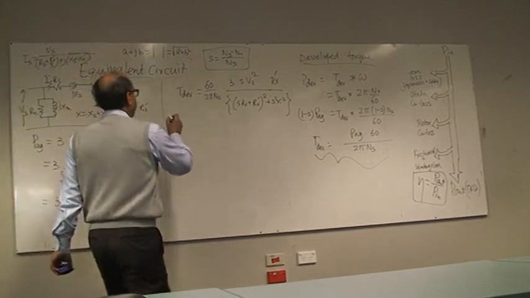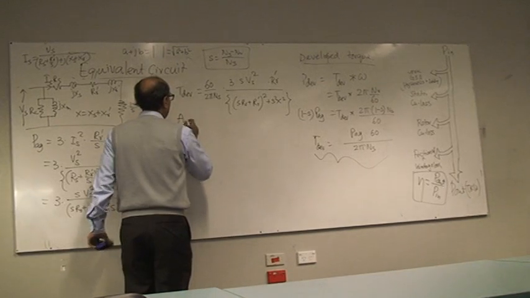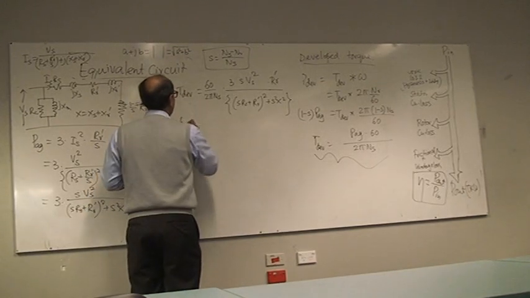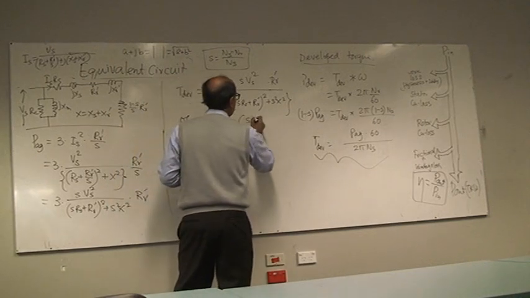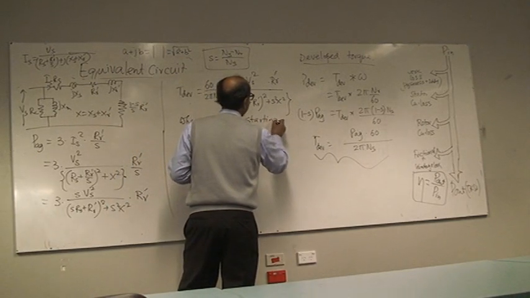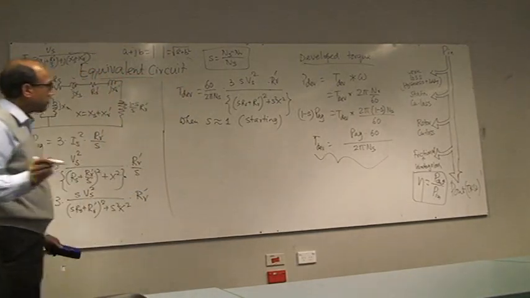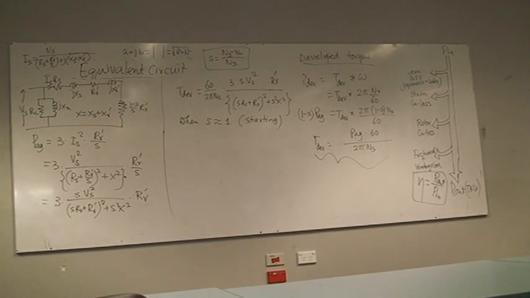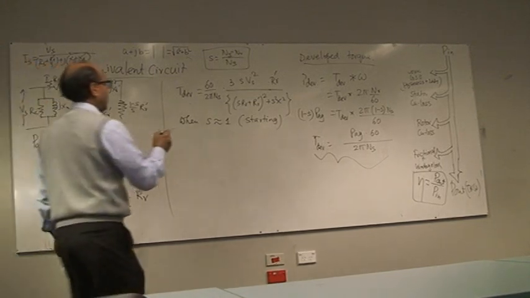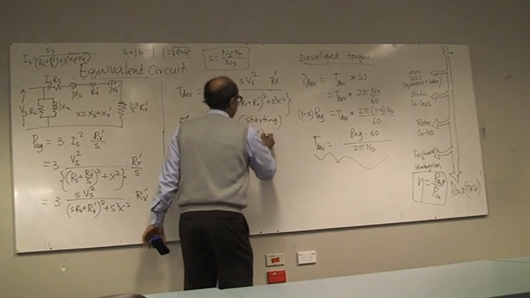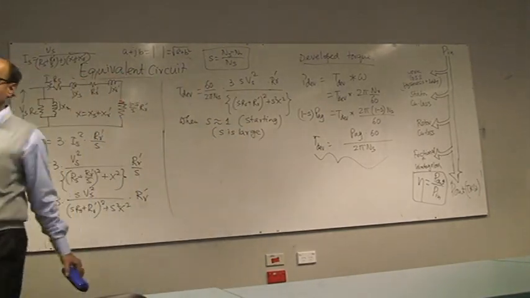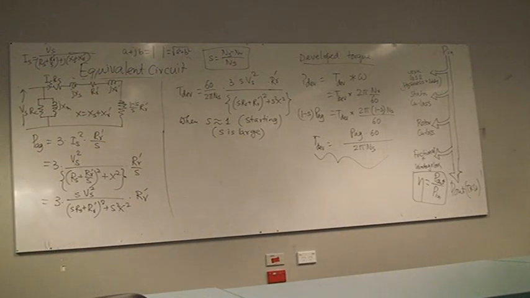Okay? So let us say when s is close to 1, starting. So s is very large. Okay? s is 1 means s is large, isn't it? Value of s varies between 1 to 0. So s is 1, that means s is very large.